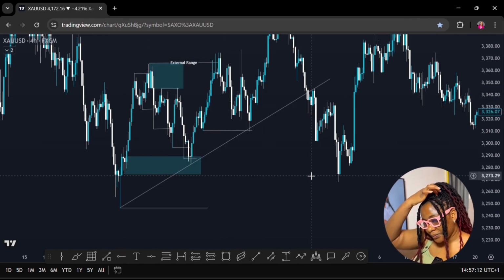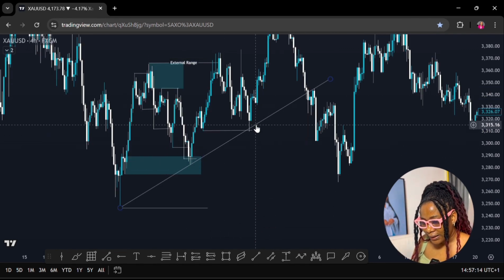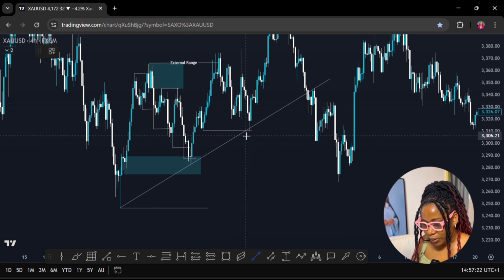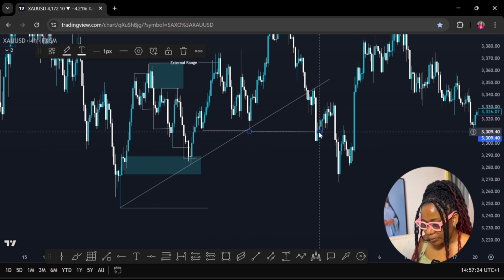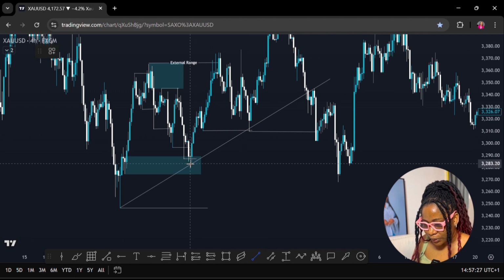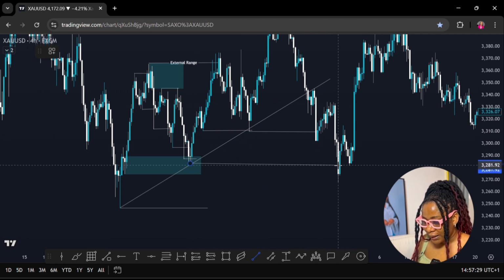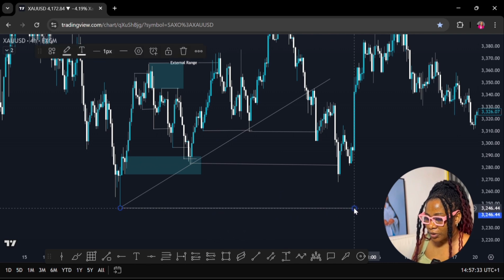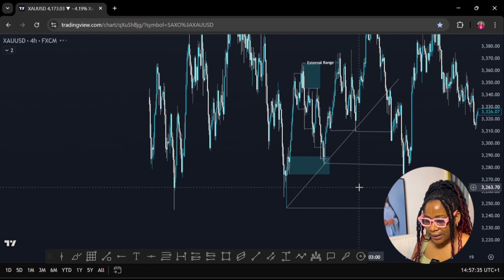Now you can see all these are where buyers bought, and then their stop losses are below here. Same thing here. So what did the price do? Price will come, take this out as well, while protecting our external range liquidity. Why? Because we are buying. You can see the high.